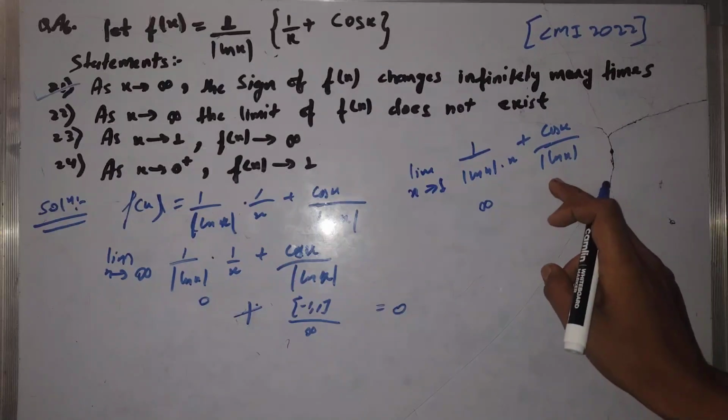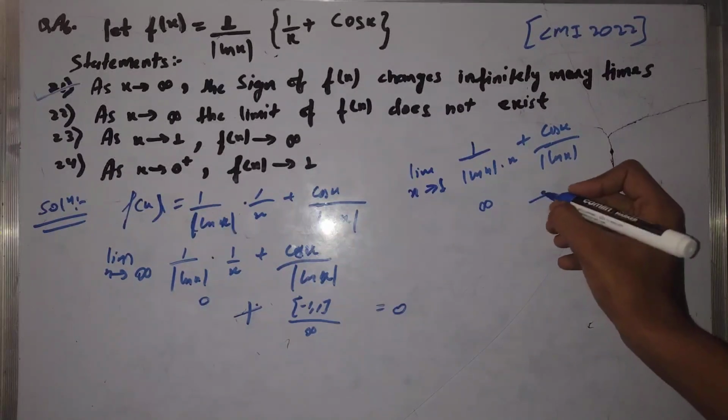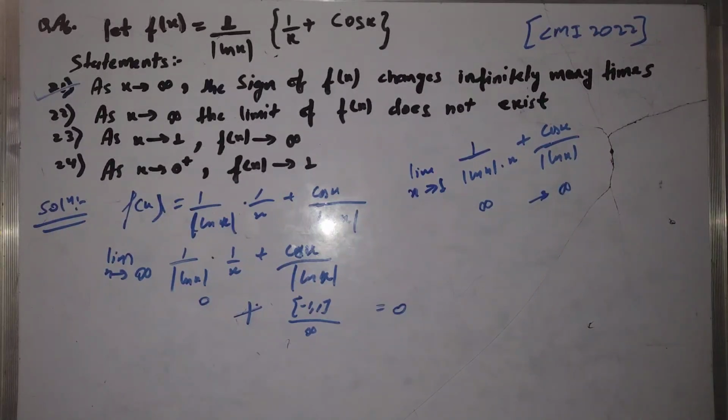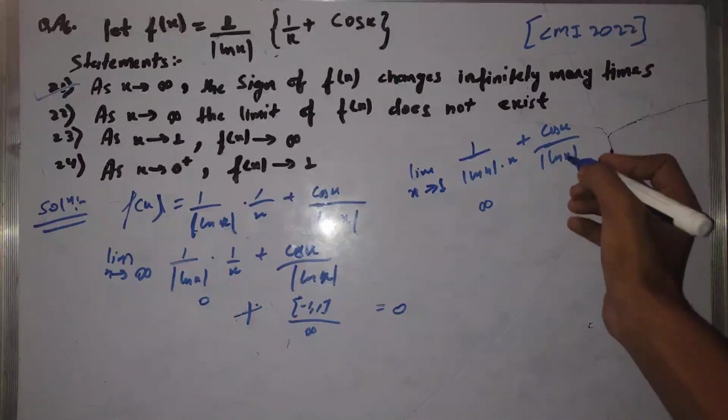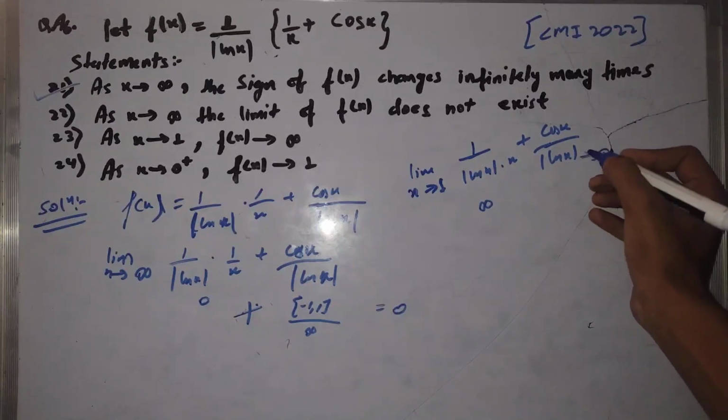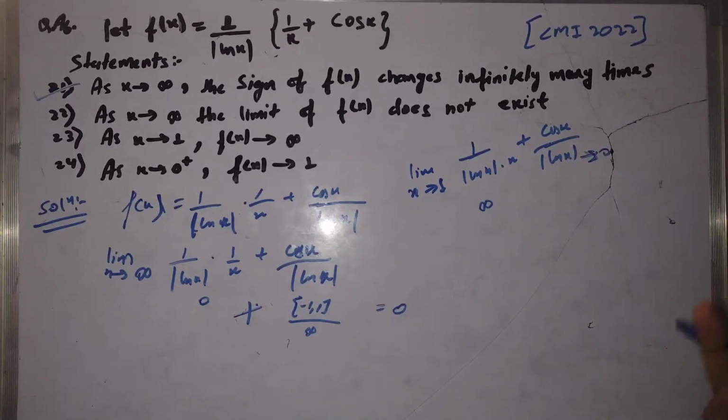Both terms tend to infinity, because some constant upon something that is tending to 0 is tending to infinity. So statement 23 is also true.